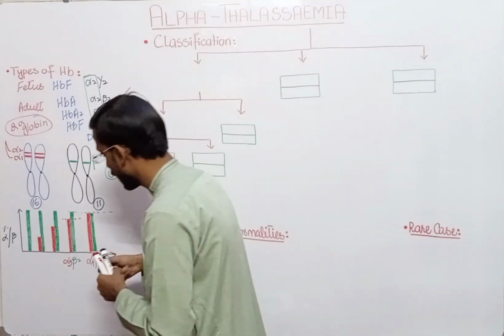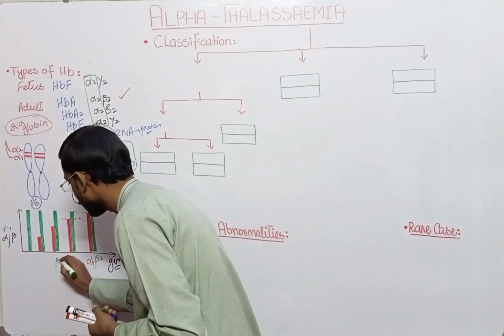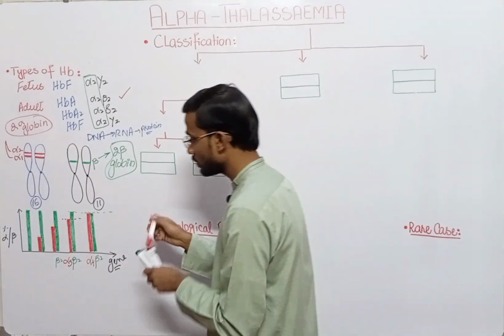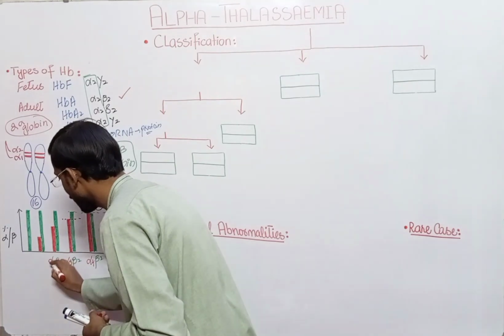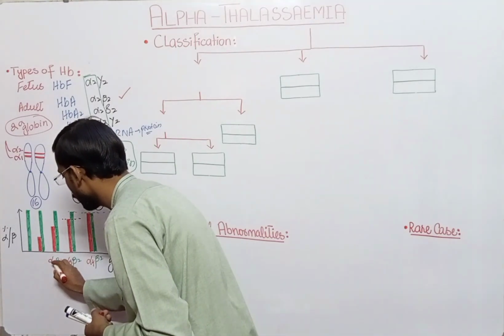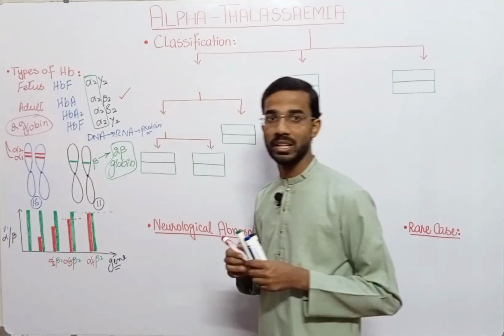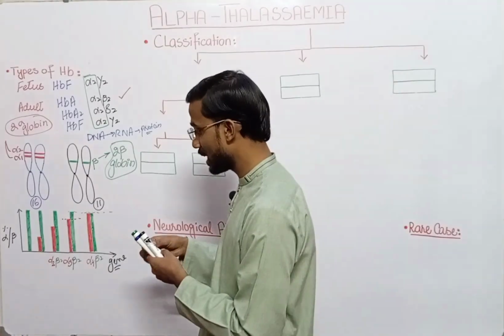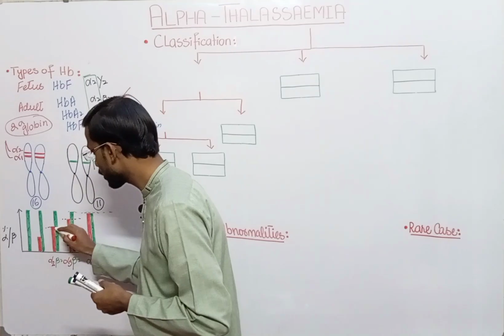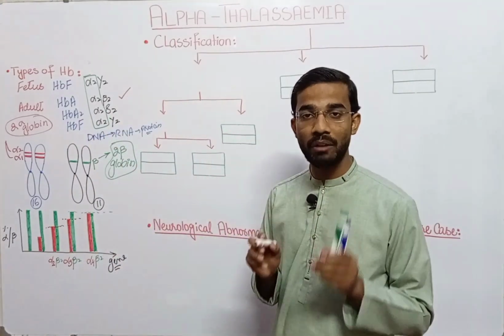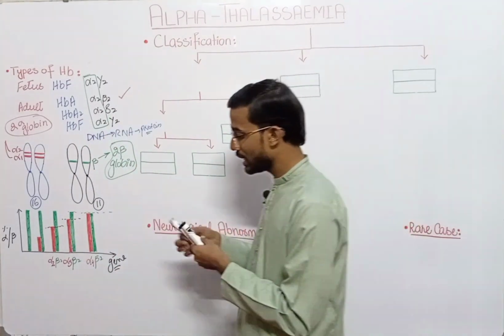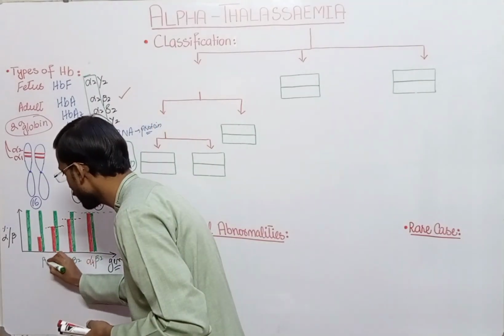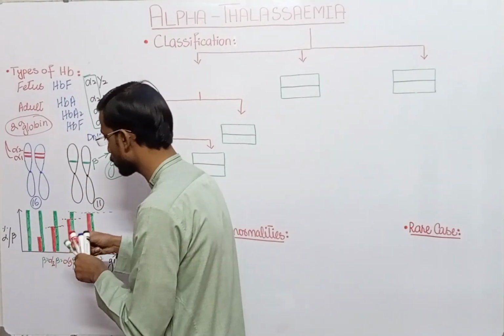Next, beta 2 remains the same, but if another alpha allele is deleted or mutated, the remaining will be alpha 2, and again it results in a reduction in the quantity of alpha globin chain. Again beta remains the same and alpha reduces to alpha 1.